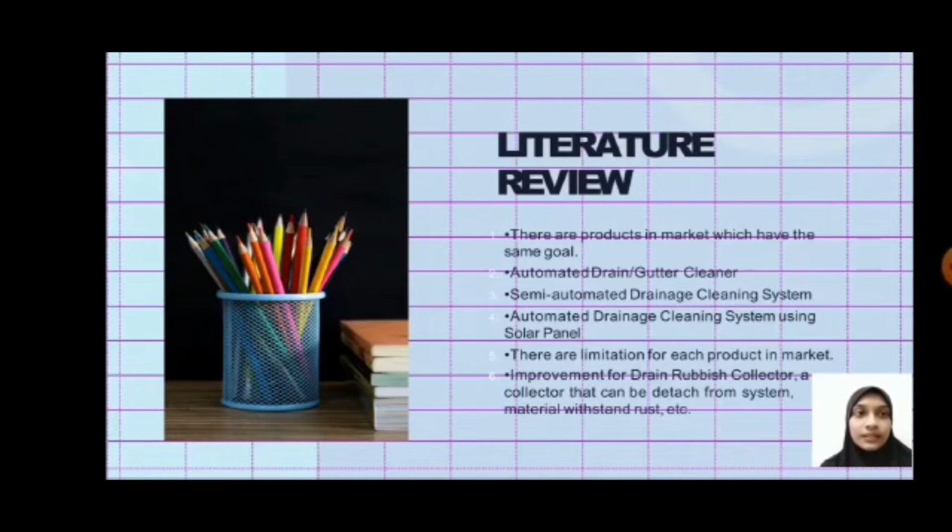From these products, there are some limitations for each. So we make improvements for our product, which is the drain rubbish collector, to make it an efficient product, such as a collector that can be detached from the system, and material used for the product that can withstand rust.